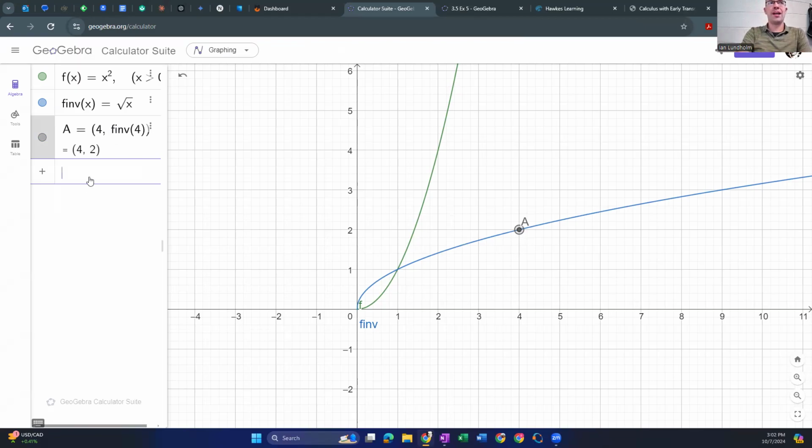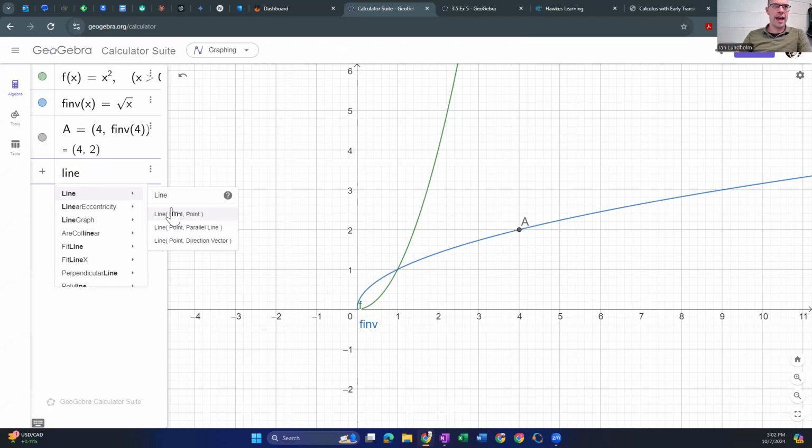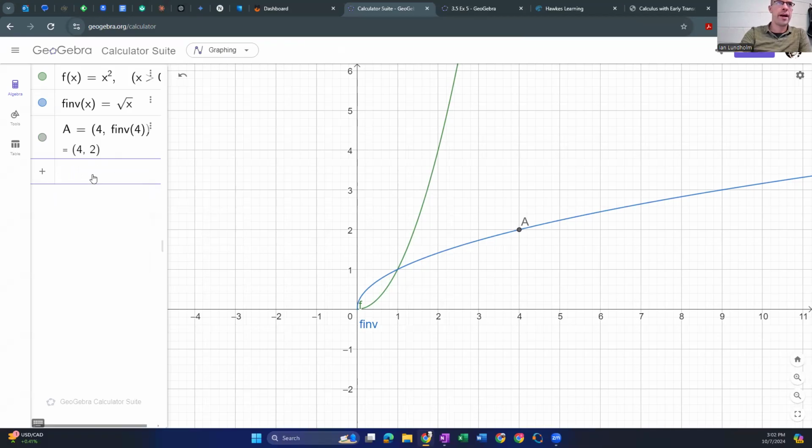So the idea being, if we created a line here, I'll have to do this the old-fashioned way. y minus 2 equals the slope of 1/4 that we found times x minus 4.